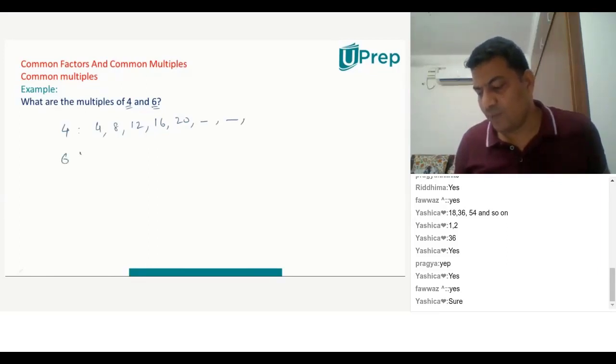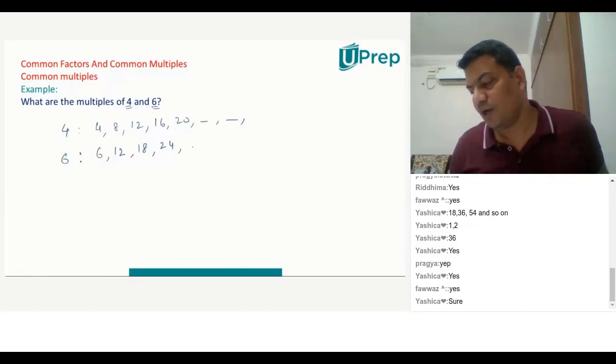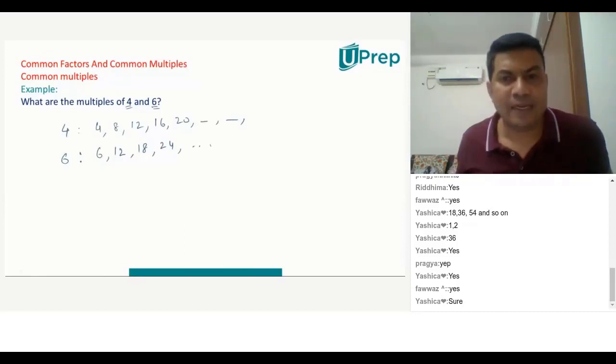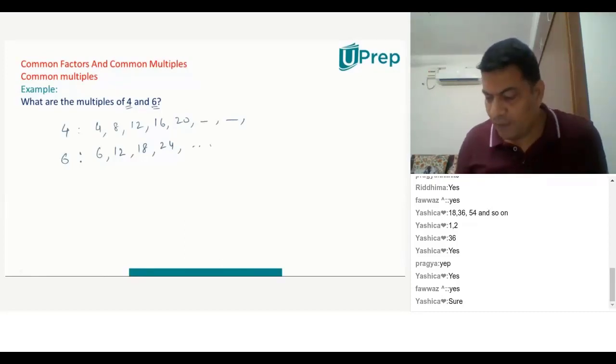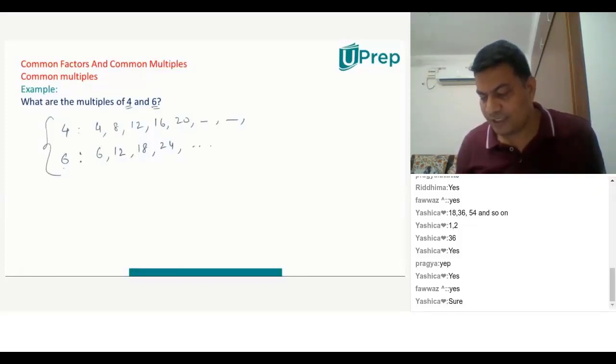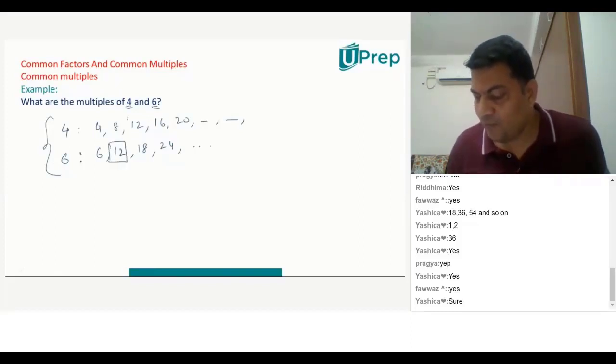What are the multiples of 6? 6, 12, 18, 24, and so on. Now if you observe the common multiples of 4 and 6, what is the first common multiple? 12. Very good.